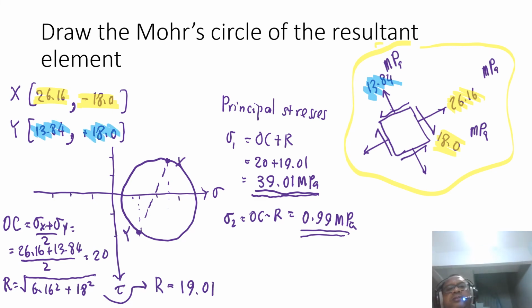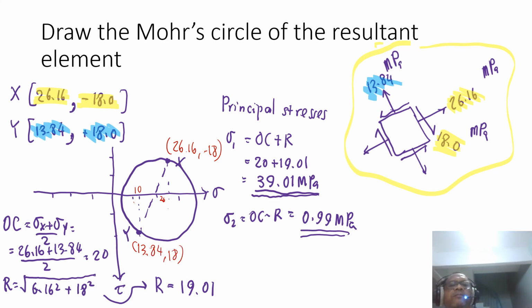I'll draw the sigma, tau coordinates. This is about 10, 20, and then this is 26.16 and minus 18, and the y coordinate is 13.84 and plus 18.